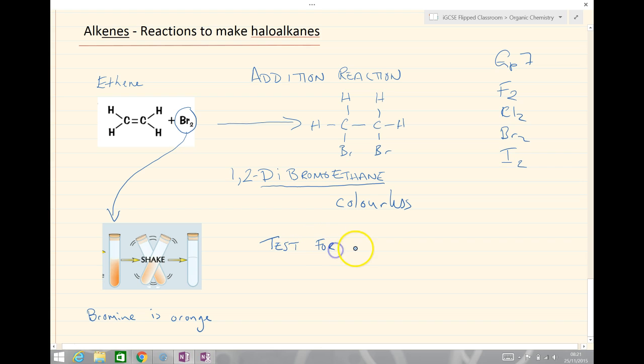And our test for alkenes is that orange bromine water turns colourless if an alkene is present.